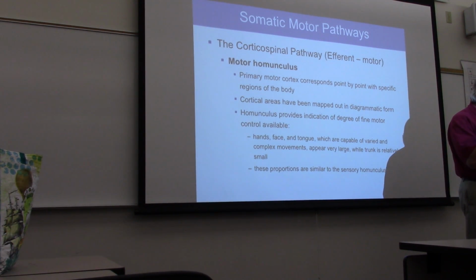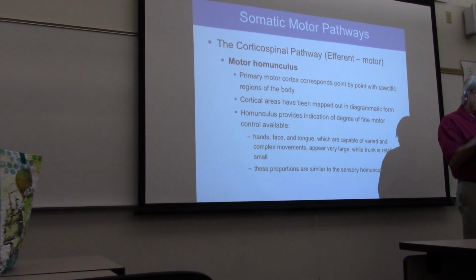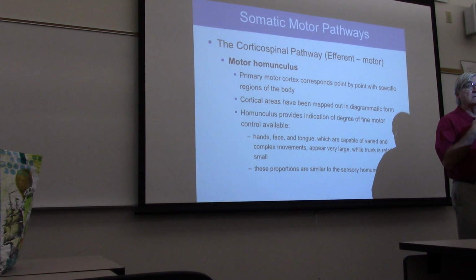It's the larynx. Think about the amount of muscle control that is necessary to move your vocal cords apart and back together and control the tension so you can talk. You can change the tone of your voice.